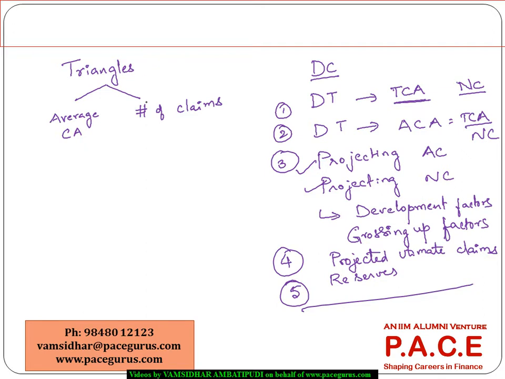A few things here to remember. Here the process is not exactly straightforward. It's not a unique method. There are a lot of variants that are used as part of this method.